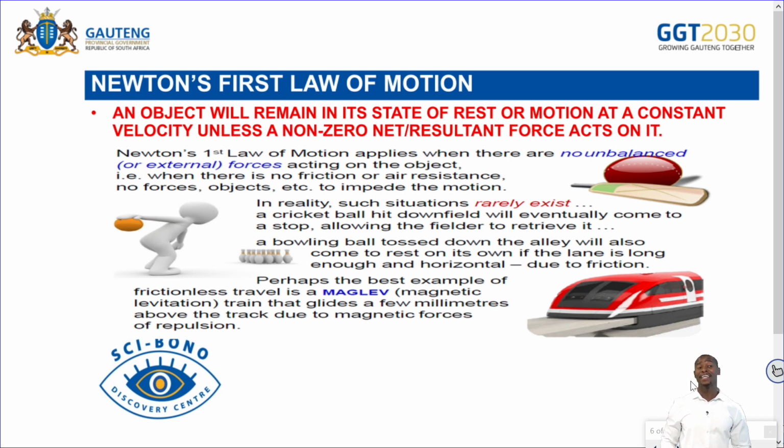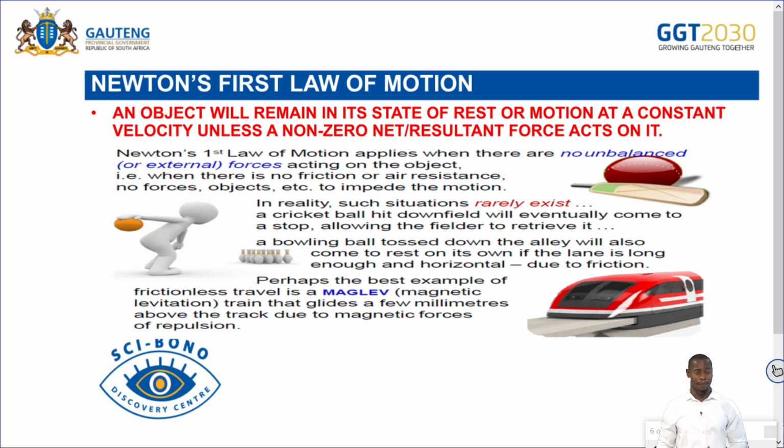But when we define it, we need to make sure that we define the way it is on our examination guidelines. So it states that an object will remain in its state of rest or motion at a constant velocity unless a non-zero net or resultant force acts on it. So that is our Newton's first law, which is the law of inertia.